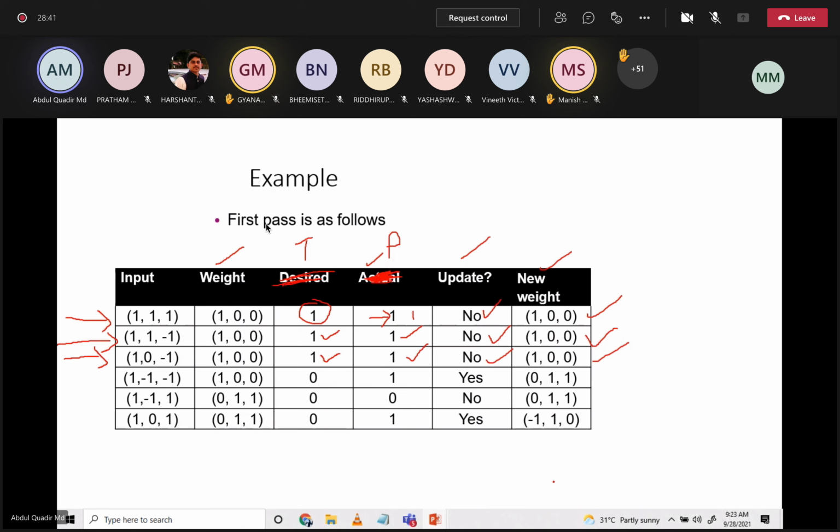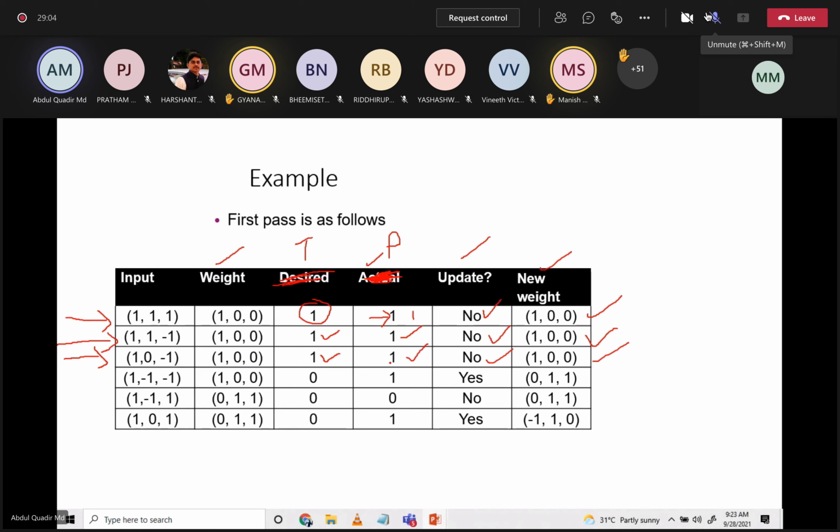Not in the lab. In the lab I have taught, but in the class have I taught you? Okay, kindly check it. I think so. Okay, one more time I will teach you. Now don't mix lab with theory.